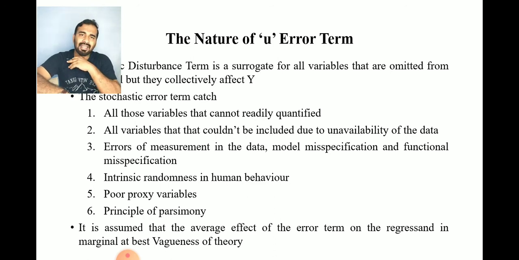Then there is intrinsic randomness in human behavior. What is intrinsic randomness in human behavior? It says that human behavior is not predictable. Even though there are 10 members in the same family, all 10 will behave differently.